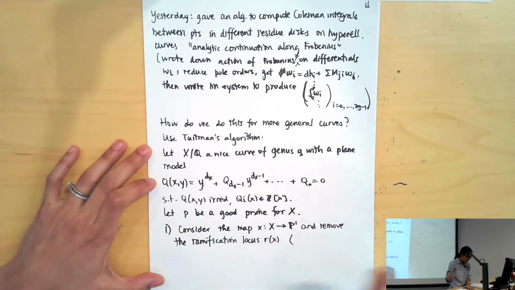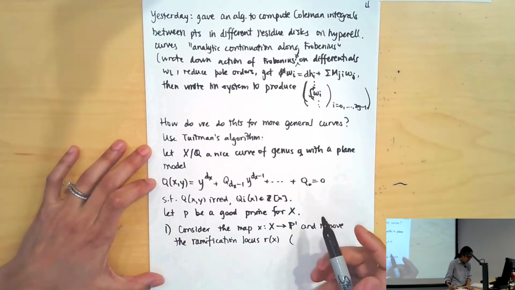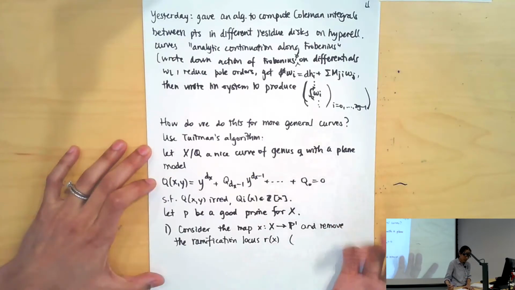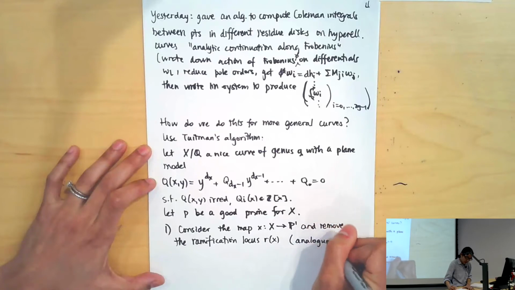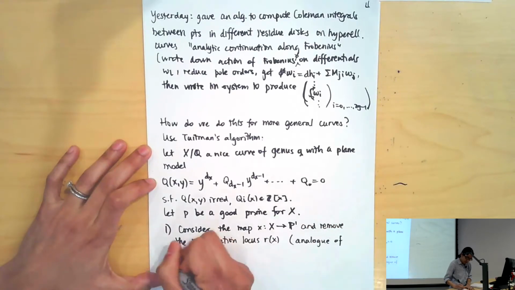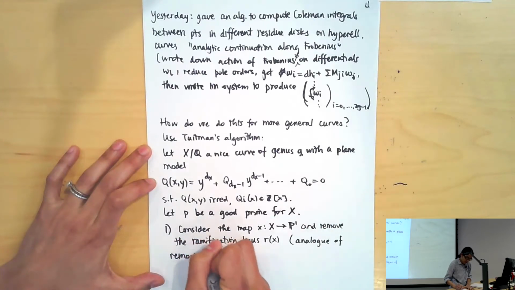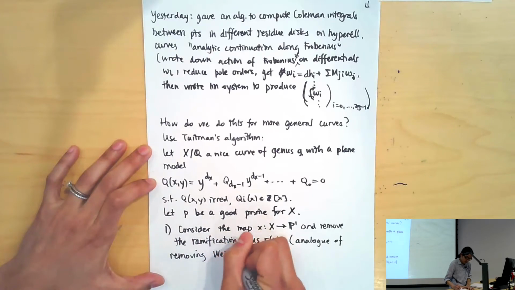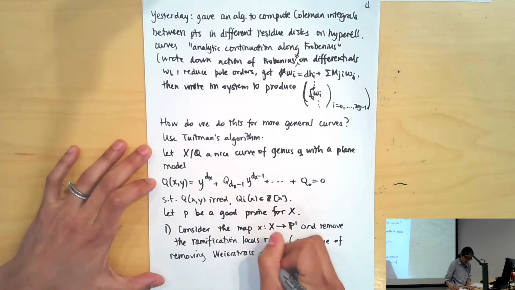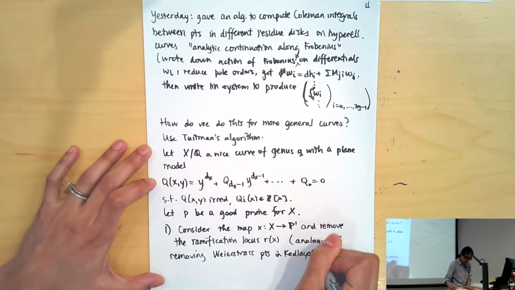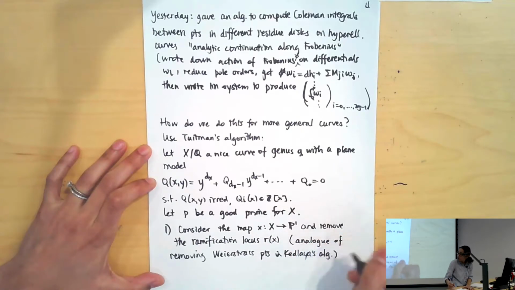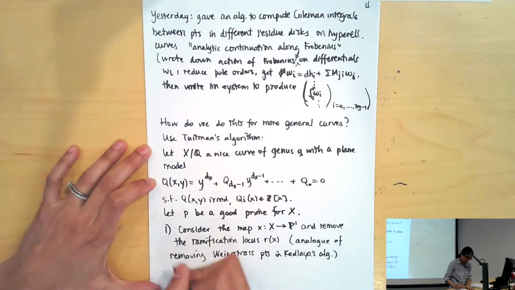And to make the analogy of how this compares to what is happening in Kedlaya's algorithm, this is the analog of removing the Weierstrass points.